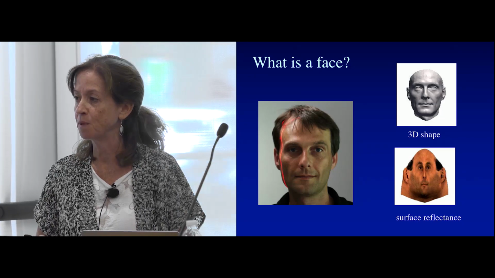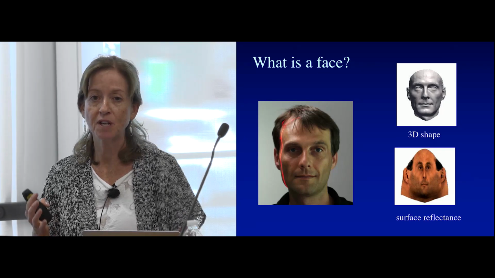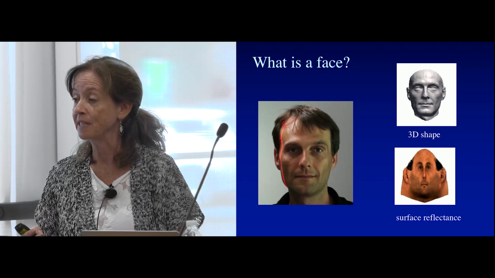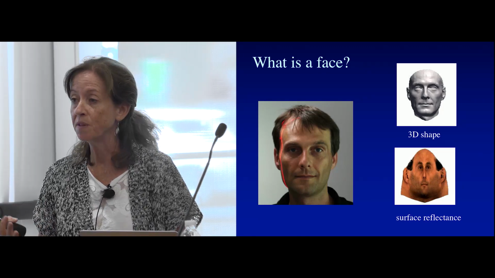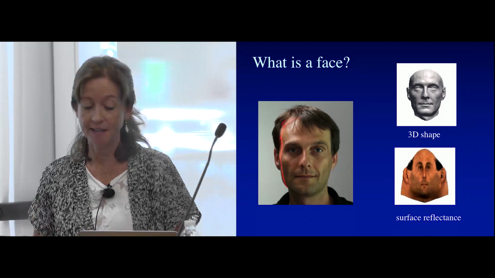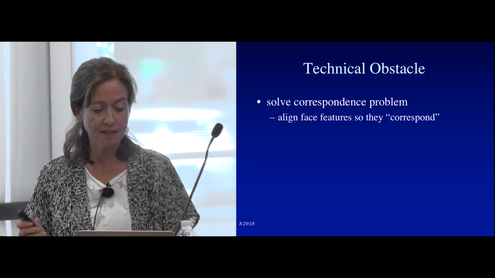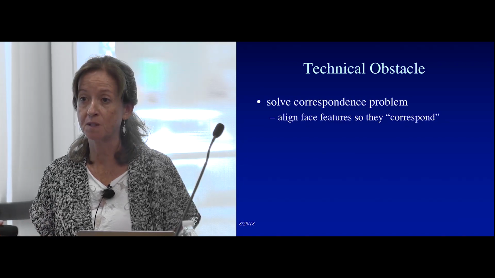So laser scans appear on the scene, and all of a sudden there's lots of data about the three-dimensional surface structure of faces as well as the overlying reflectance map. And so now you at least have the raw materials to build a model that would model more than the face image, but the face. And that's the better thing. The obstacle, of course, was this problem in computer vision, solving the correspondence problem.